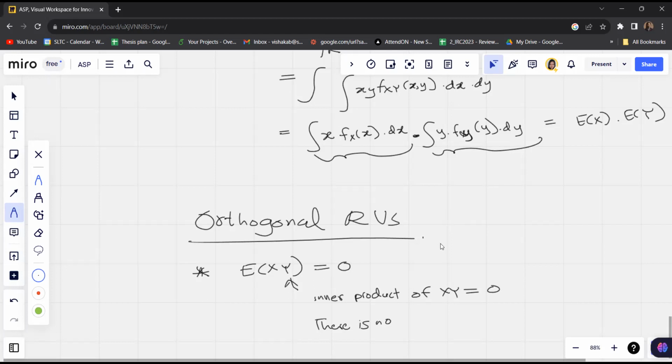So what is the difference between correlated random variables and these orthogonal random variables, you will ask?